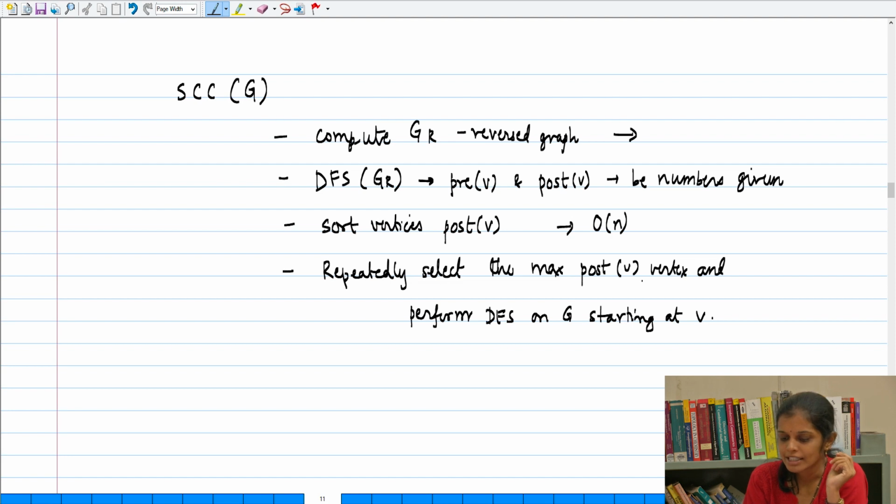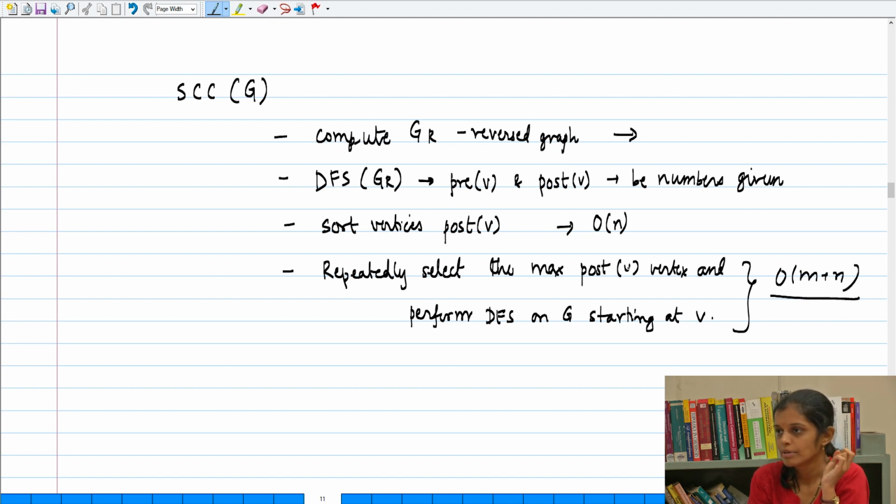And then repeatedly select the max post visit vertex V. This again is just by maintaining that in the sorted order, and perform DFS. This DFS is not on the whole graph, because you are now saying that DFS on G has been broken into smaller parts. So in fact this whole thing is going to take order m plus n time, right?